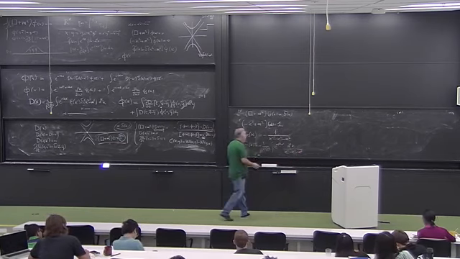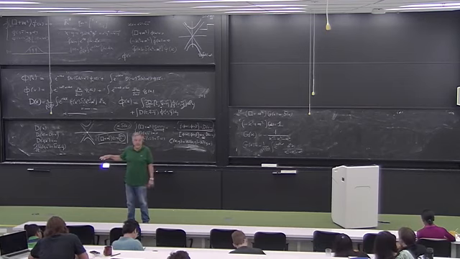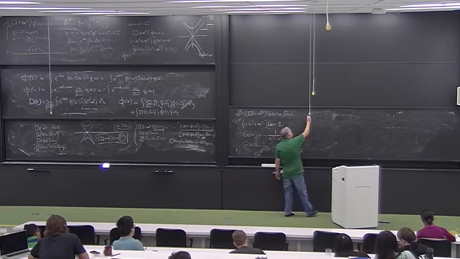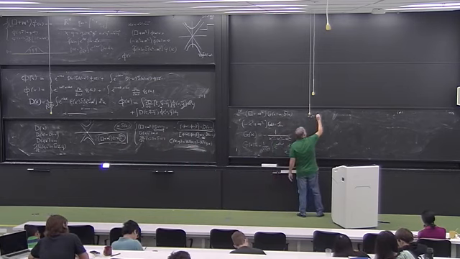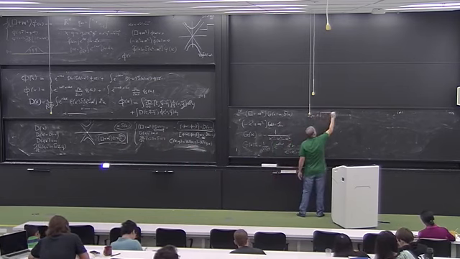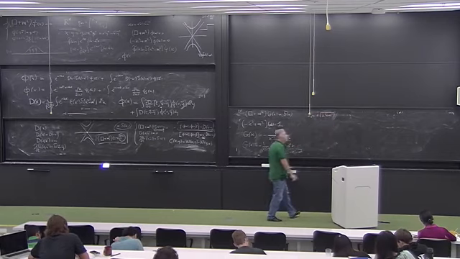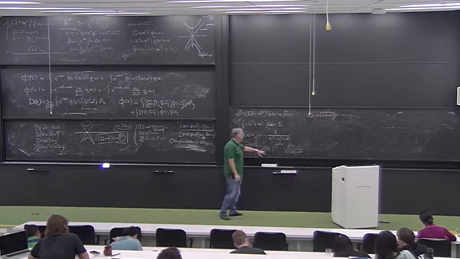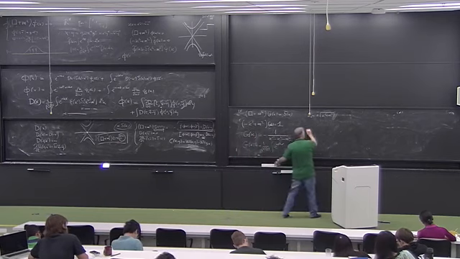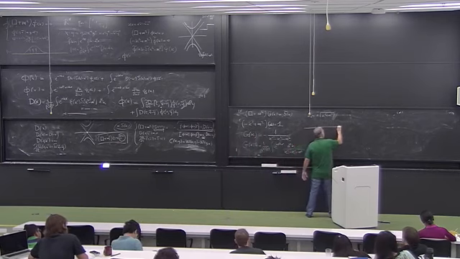This integral is ill-defined, of course, because we step into a singularity while integrating over k0. You see, the denominator has zeros, poles, at these values of k0. So when you integrate over k0, you step into these poles.